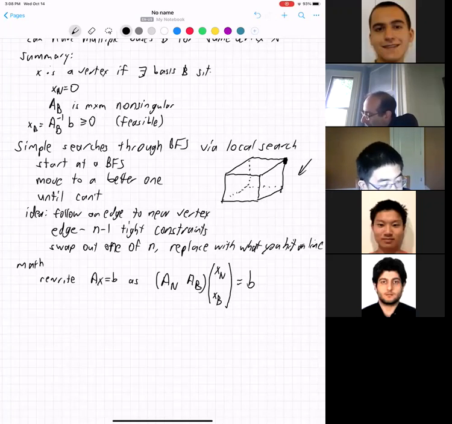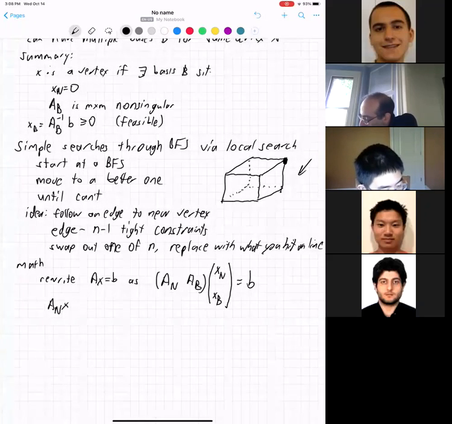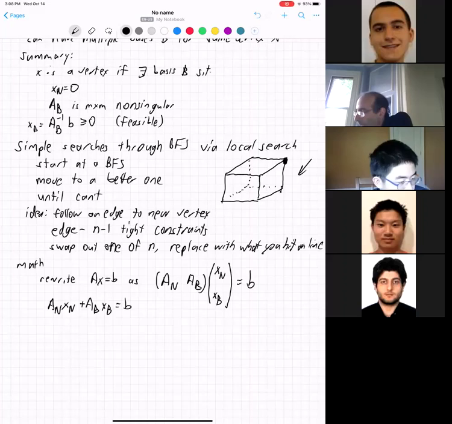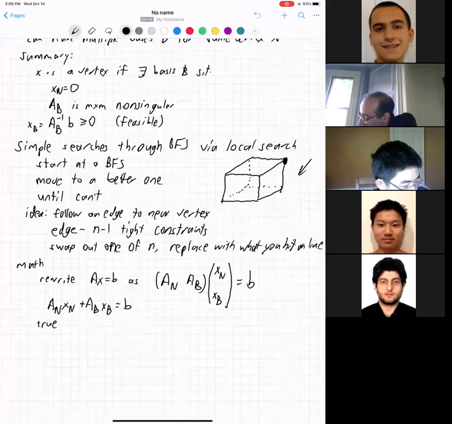Or writing it out, what I'm basically saying is that A_N times X_N plus A_B times X_B is equal to B, right? But notice that this is true for any X, not just for my current vertex, or any feasible X.